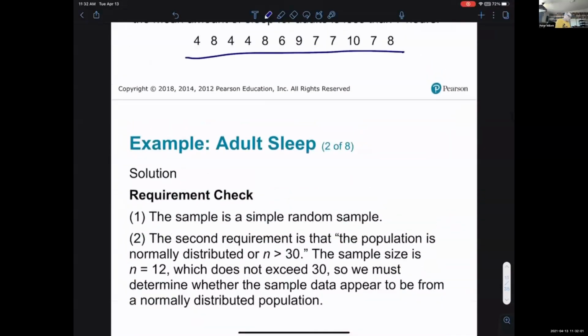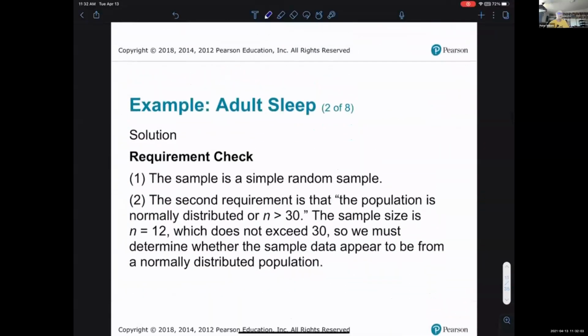So before we go into the process, they want you to look at the requirements. It is possible you'll have a homework problem where they give you data, they say that you want to see if you can do a test, but somehow in the problem you're supposed to indicate that actually we haven't met the requirements, so we can't do the test. One of two things needs to be true to meet the requirements.